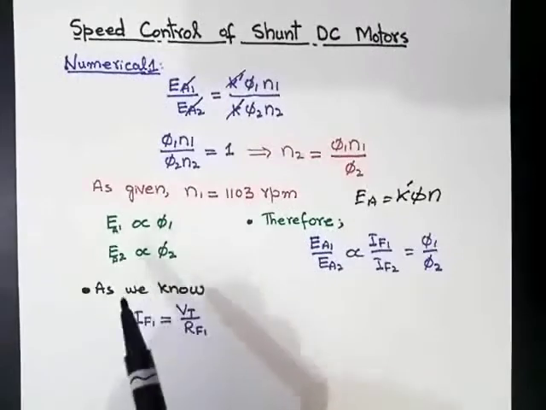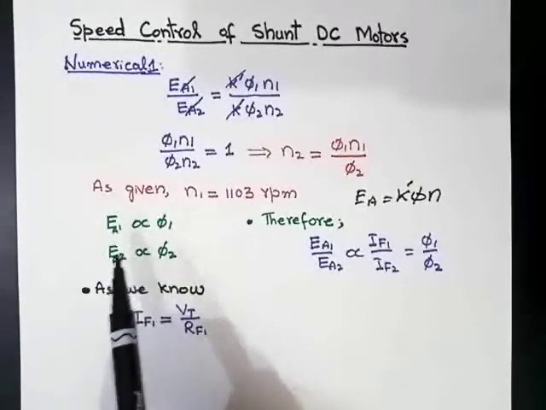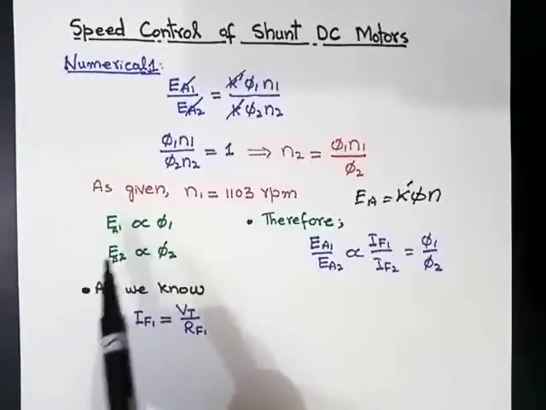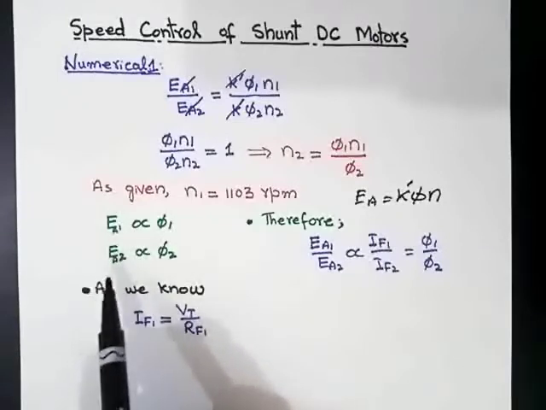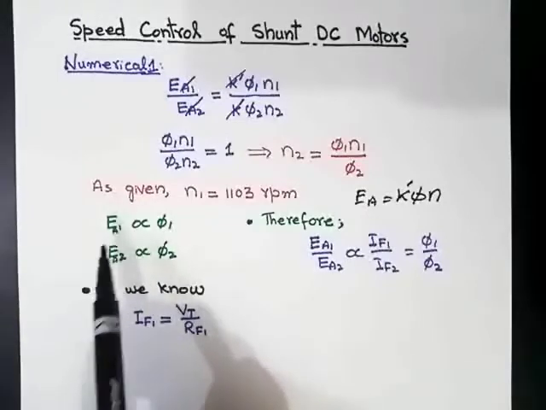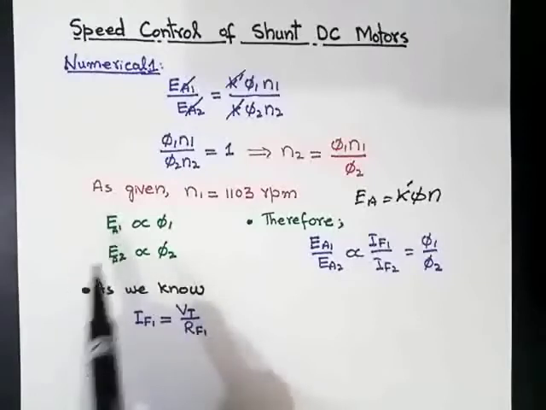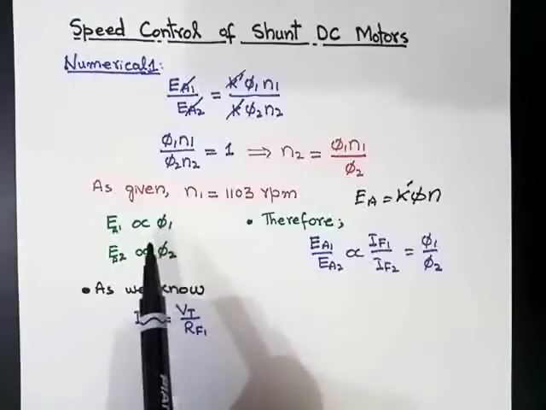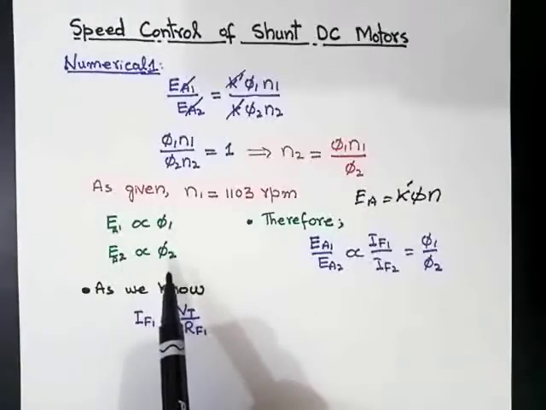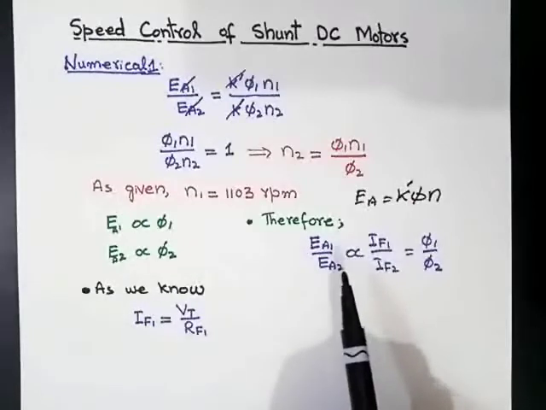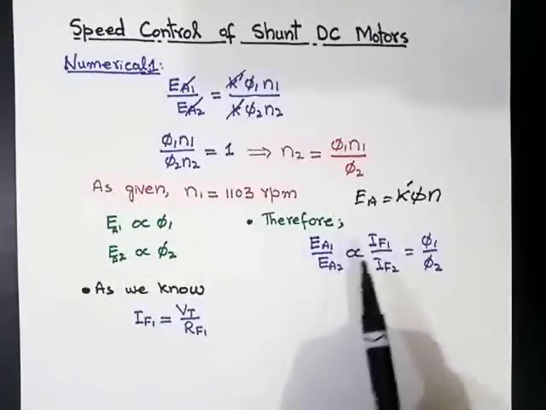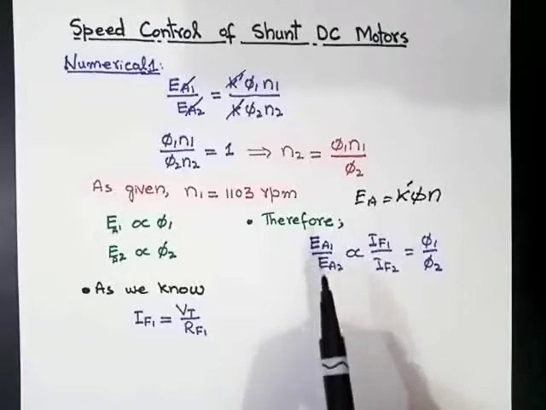First of all, we will find the values of EA1 and EA2, because if we calculate them, then we can find the values of flux 1 and flux 2. The magnetization curve is given between IF and internal generated voltage.